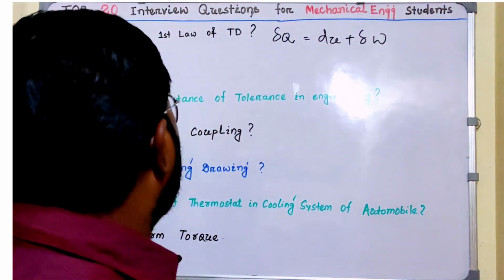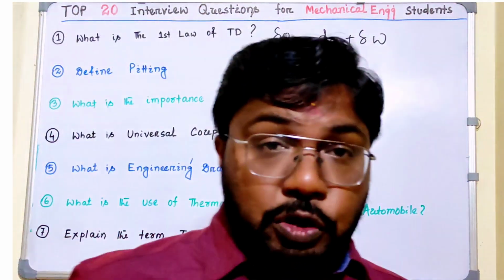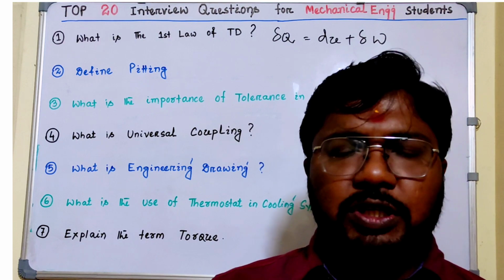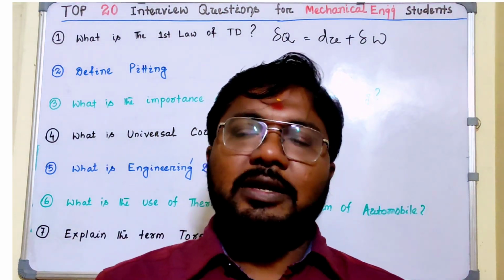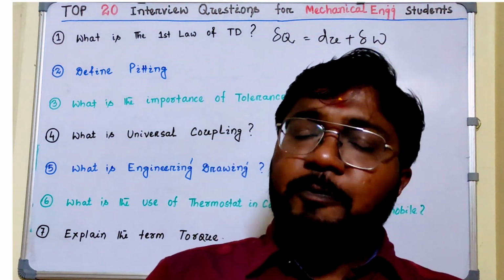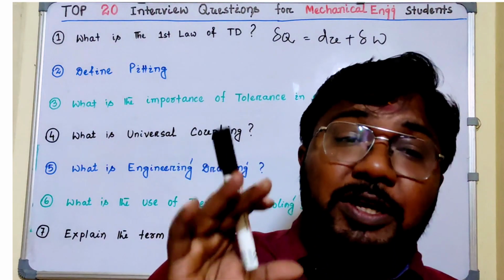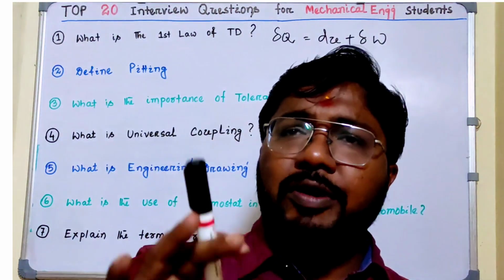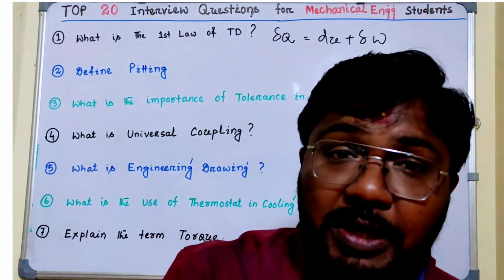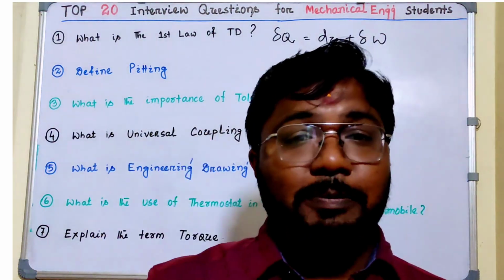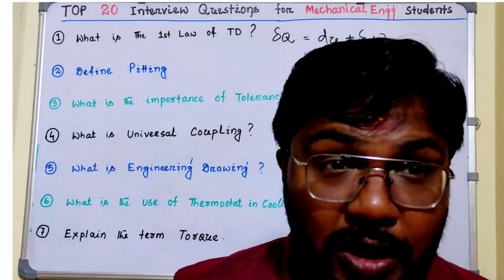Number 3: What is the importance of tolerance in engineering? Whenever we are producing any product in the manufacturing industry, we allow the dimension to vary from this to this. That means there is an allowance in product dimension, known as the higher limit and the lower limit. Higher limit minus lower limit is known as the tolerance.